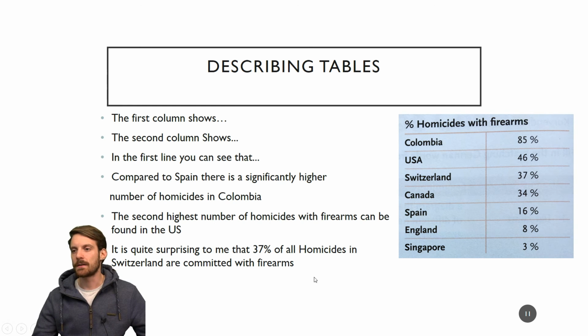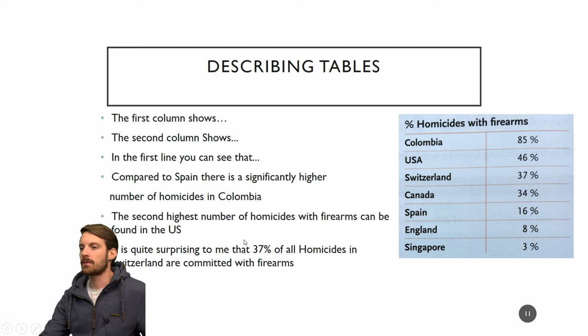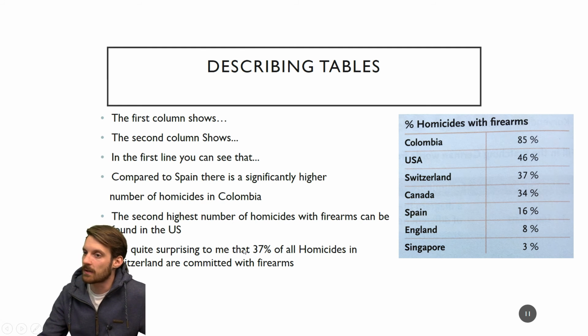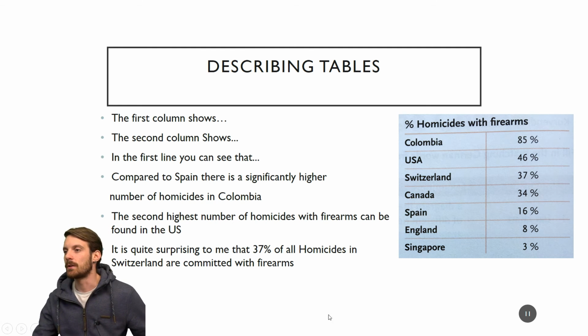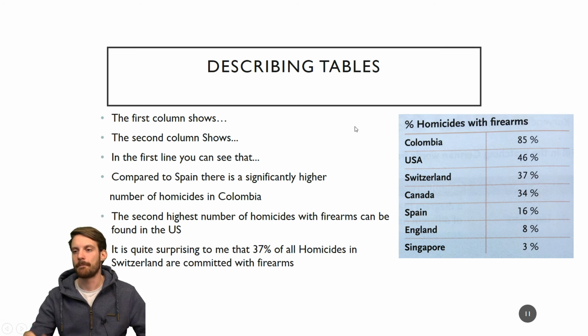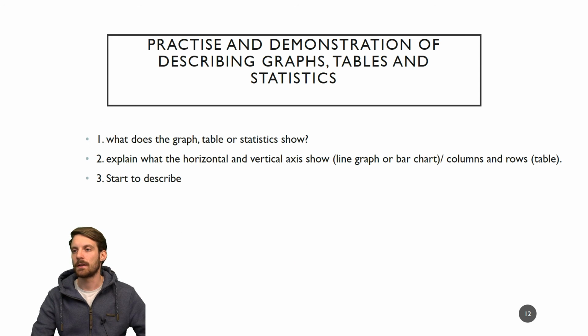Or it is quite surprising to me that 37% of all homicides in Switzerland are committed with firearms, which is still surprising to me. But I don't know if this table is super valid, but who knows? Try to use those phrases and then you will be set for the oral exam.